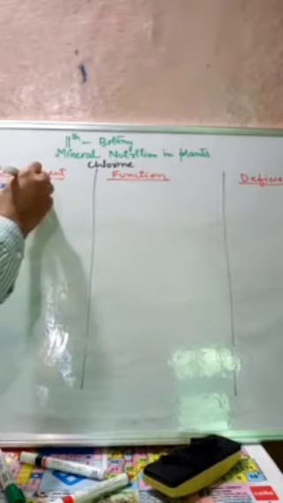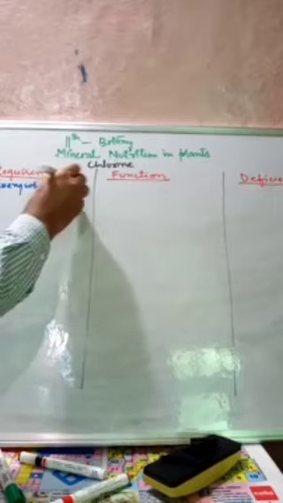Now we can say chloride anion, chlorine anion. Now where it is required: it is required everywhere in the plant, every part of the plant can require this.